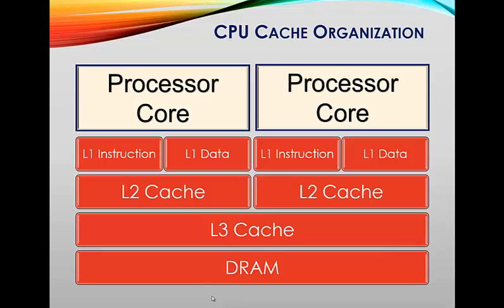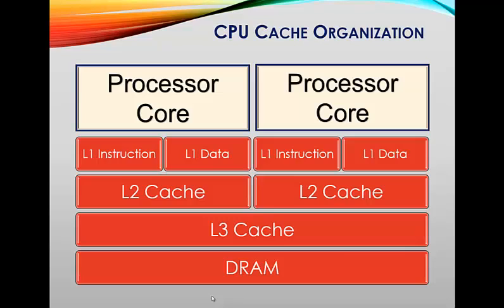To compensate for the small size of level 1 cache, each core will also have its own copy of level 2 cache. Level 2 caches are usually bigger, about 256 kilobytes, and are slower than level 1 cache.